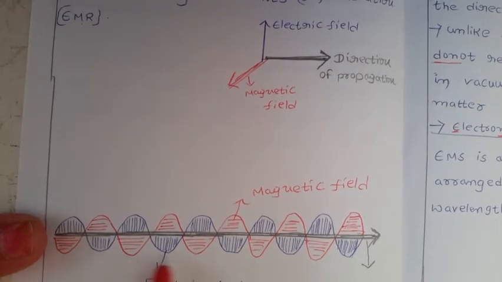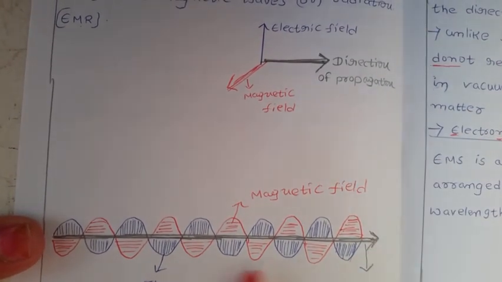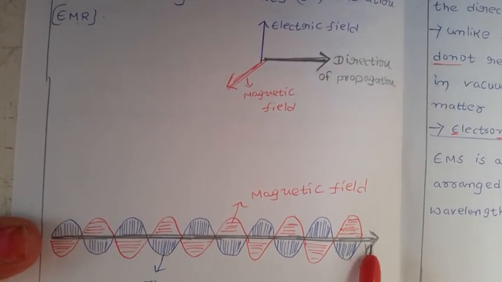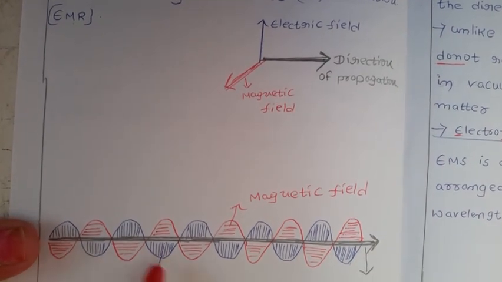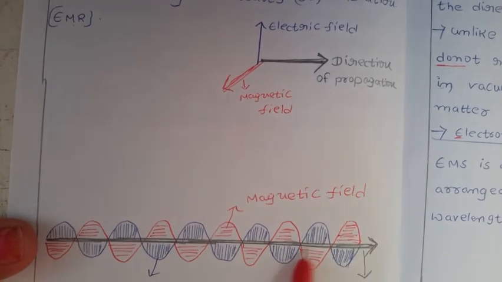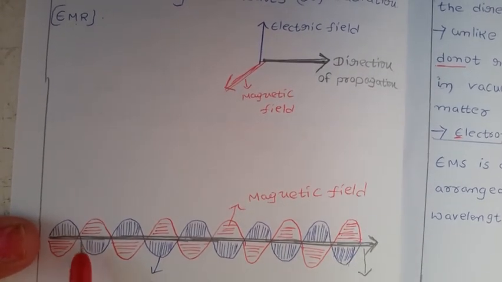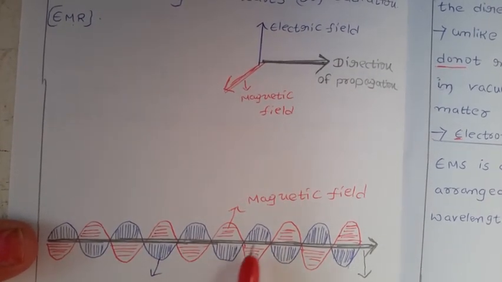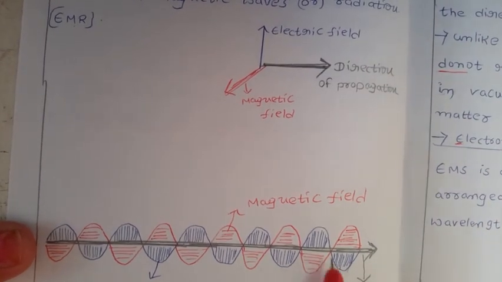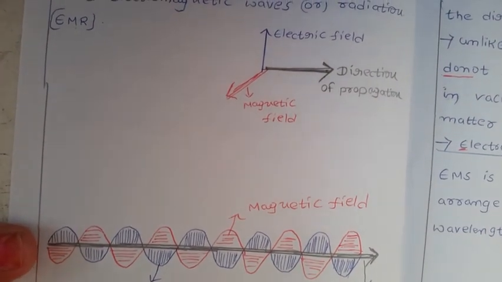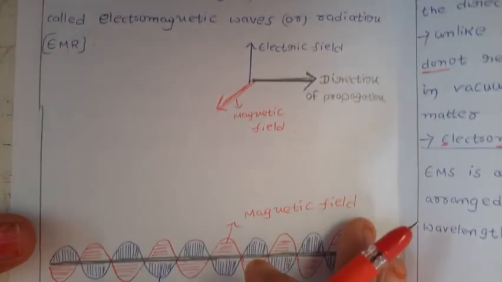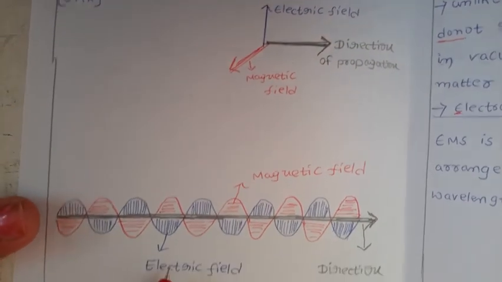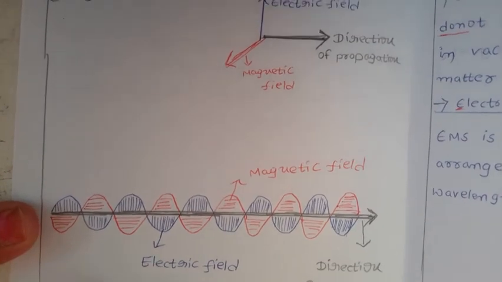There is a direction of propagation of a particle. It oscillates and produces the electric field and magnetic field, and these fields are propagating in the form of a wave. These waves are called electromagnetic radiations. So this is the definition of electromagnetic waves or electromagnetic radiations.